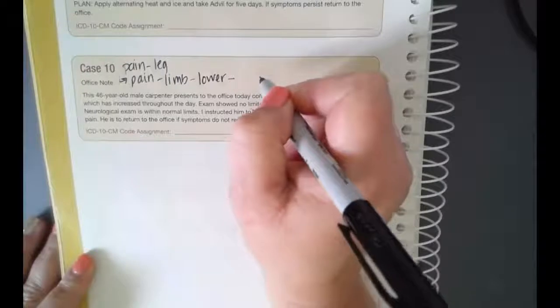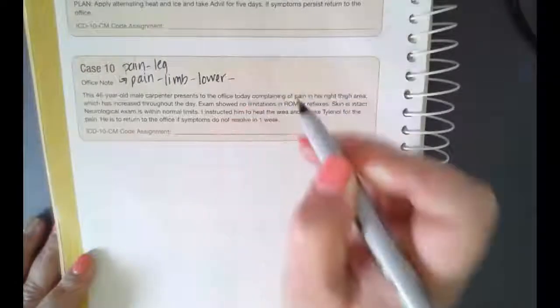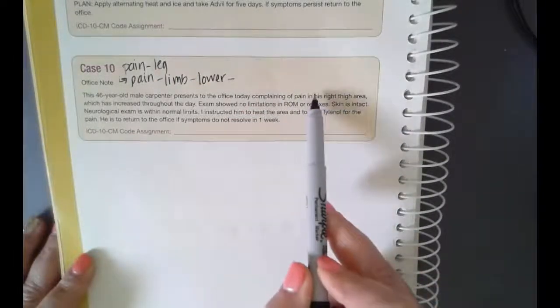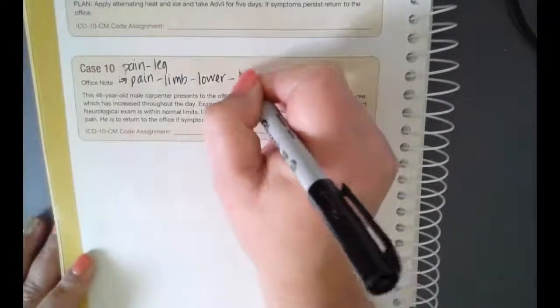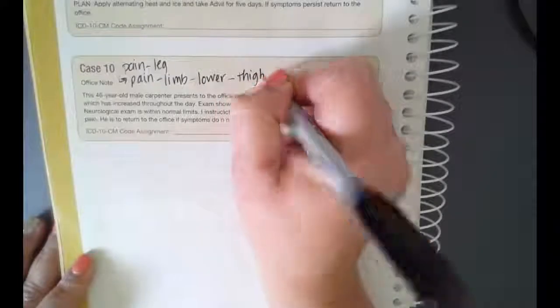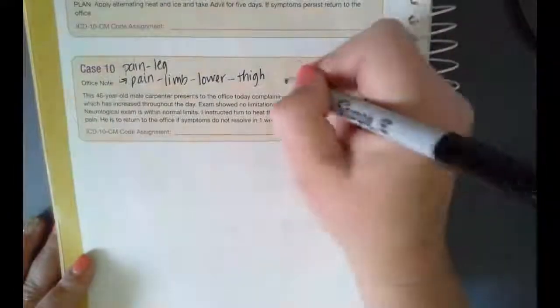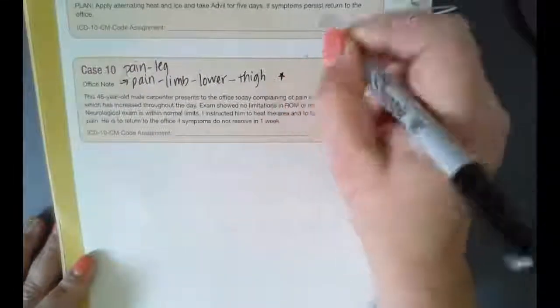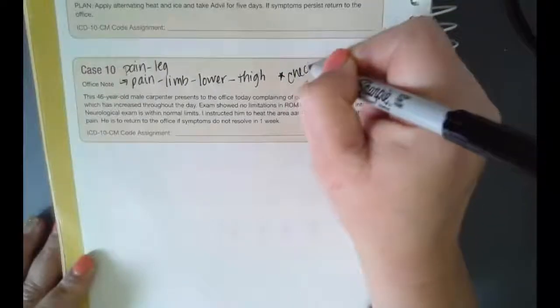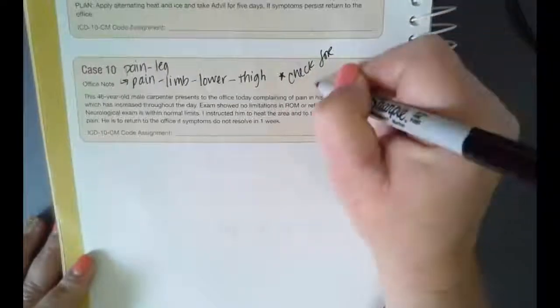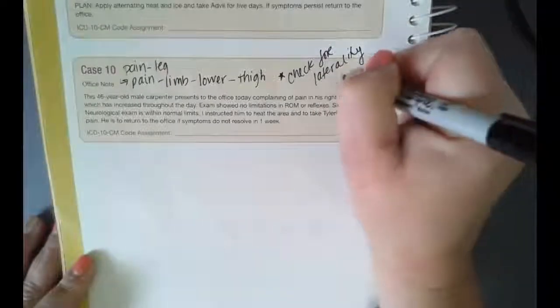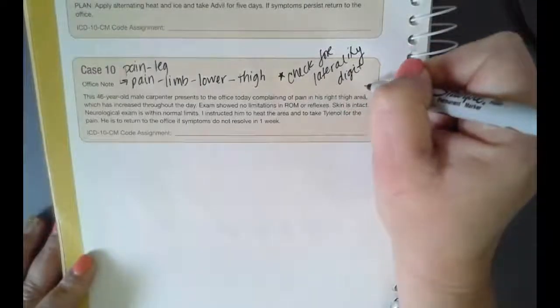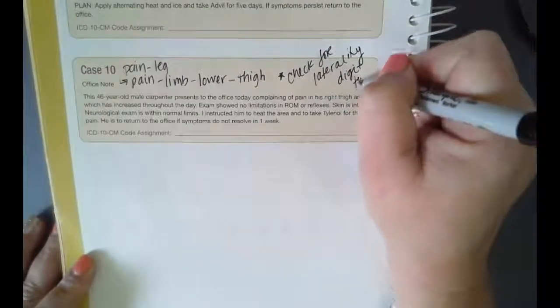I'm not sure if there's a right or left, but if there is, of course, you'll want to select the right. And then you may want to even look for thigh for this one also. So I'm going to put a little note in here to, I don't know, but check for laterality digits. So that may be something that you need to look up in the tabular list.